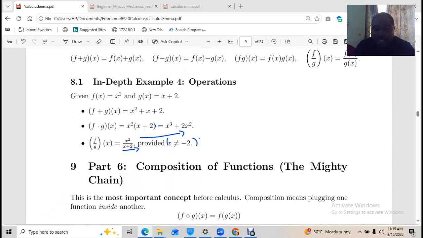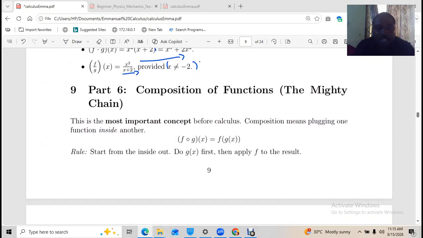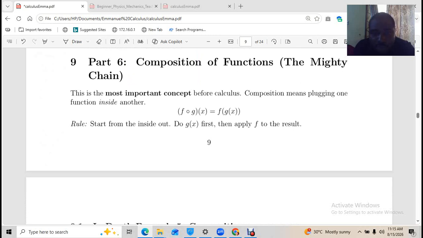Now, what we're supposed to do next is composite functions. We call this a function of a function, right? It is when you are given a function and you're supposed to evaluate it in another function. Some call it a nested function, or a function inside another function.